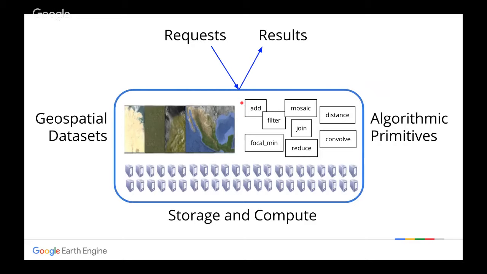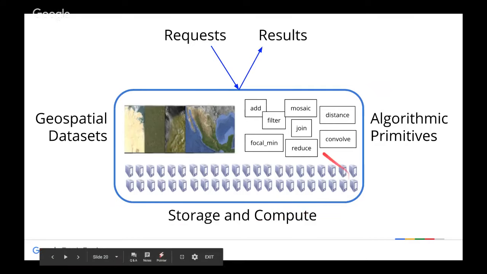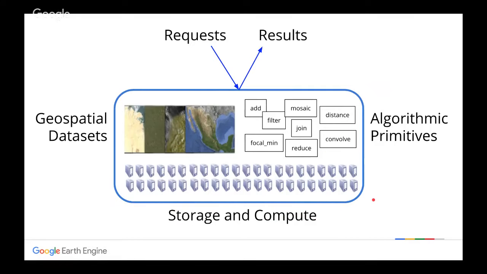When Google receives your request object, the geospatial data sets you ask for are loaded, the algorithms that you request are loaded, and your algorithm is then parallelized over many, many machines, and your computation takes place in parallel on many machines, and all you get back is the result.